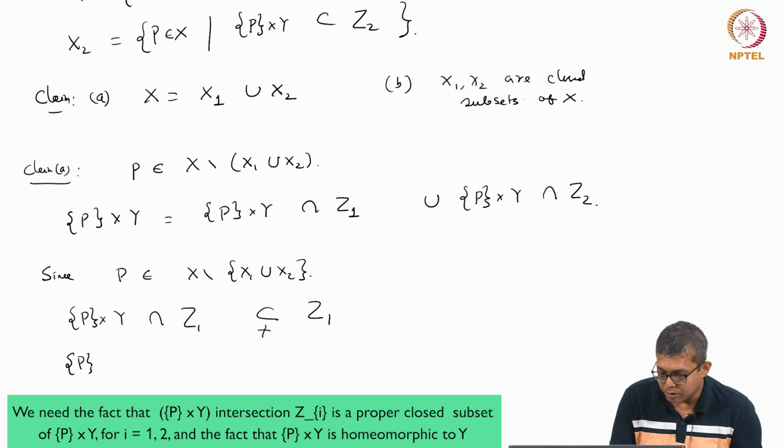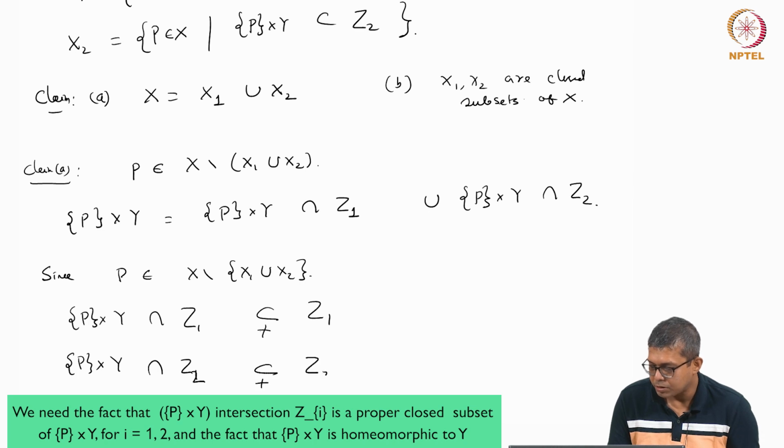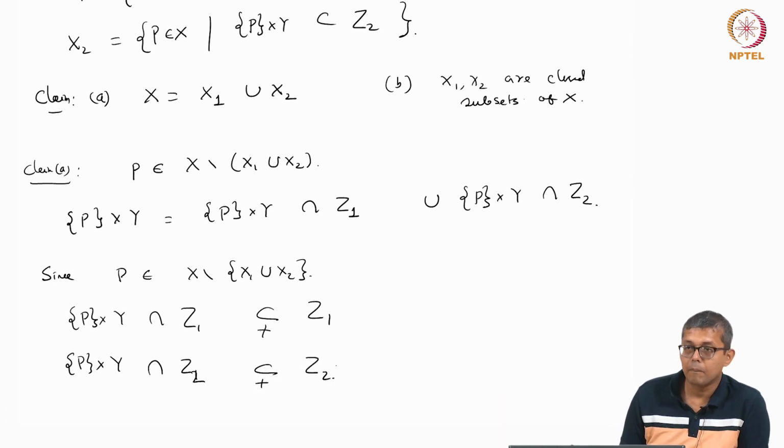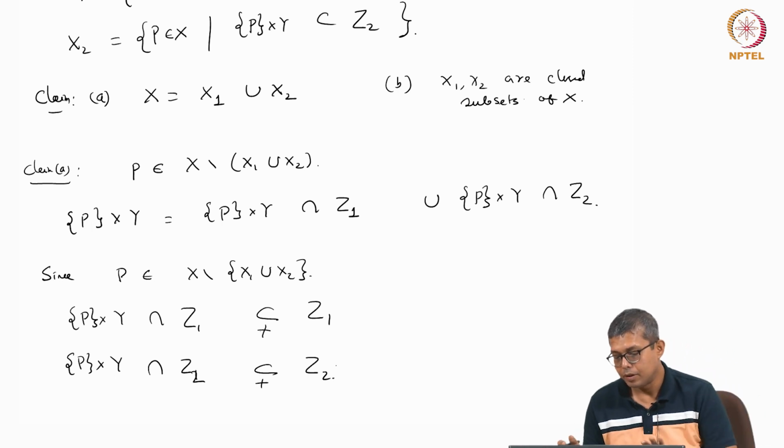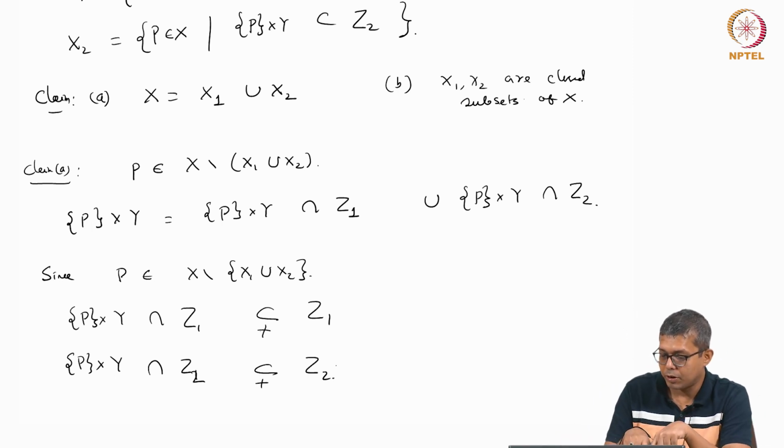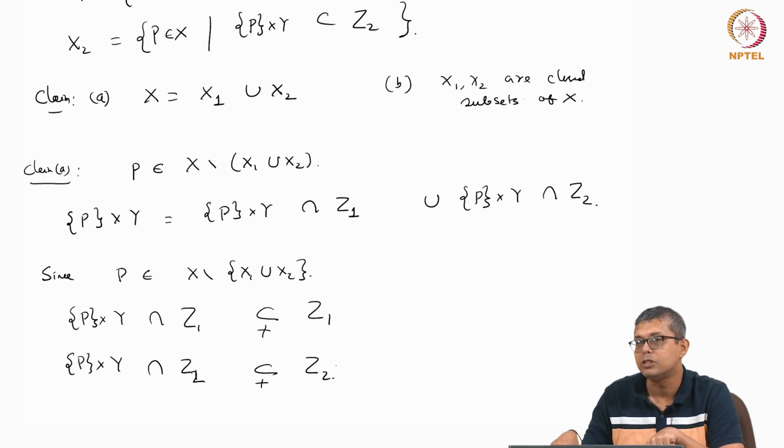Similarly, P cross Y intersection Z2 is a proper closed subset of Z2. So that will say that I can write Y as a union of two closed subsets.